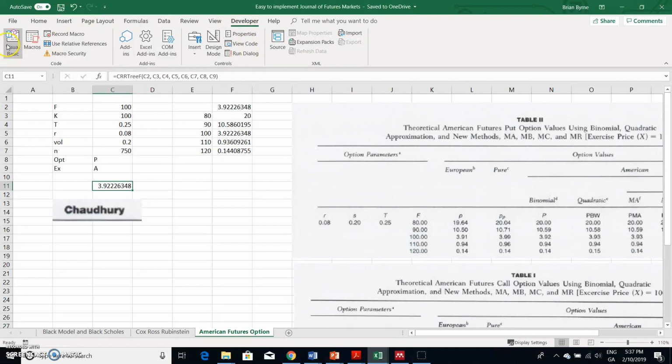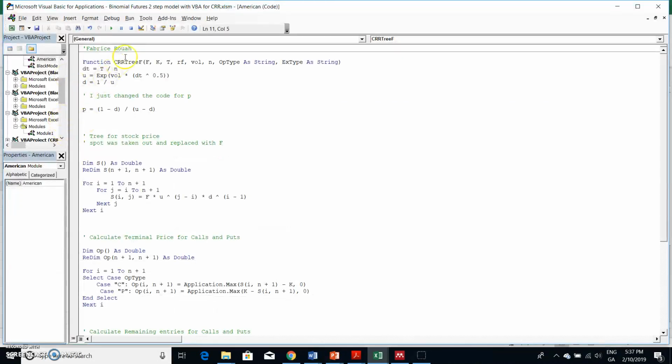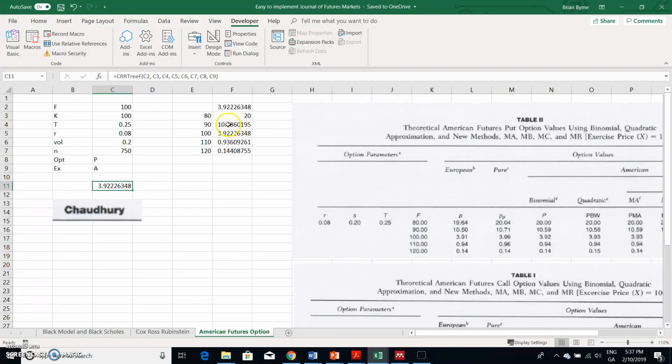And again, we go back into the VBA function for running that. This was the VBA function. So this code, we can see, works for where the step size is 750.